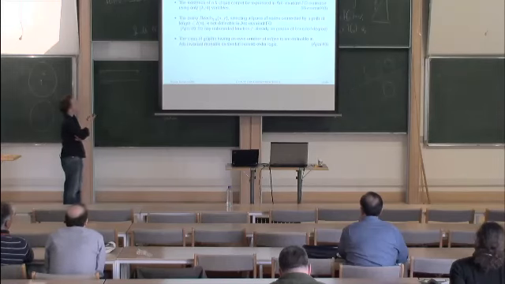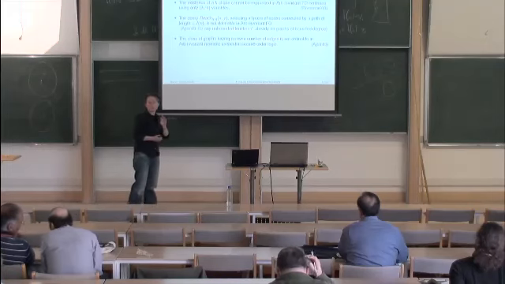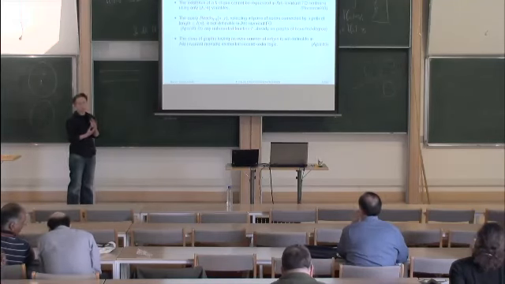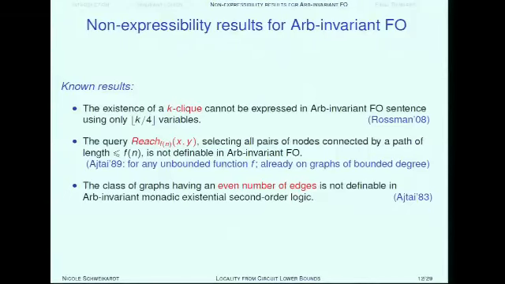Rossman's result from 2008 showed that the existence of a k-clique in a graph cannot be expressed by arb-invariant first-order logic that uses only k/4 variables. From this he also obtained that the finite variable hierarchy of first-order logic on finite graphs is infinite. He didn't formulate his result in terms of arb-invariant FO, but in fact it is such a result.